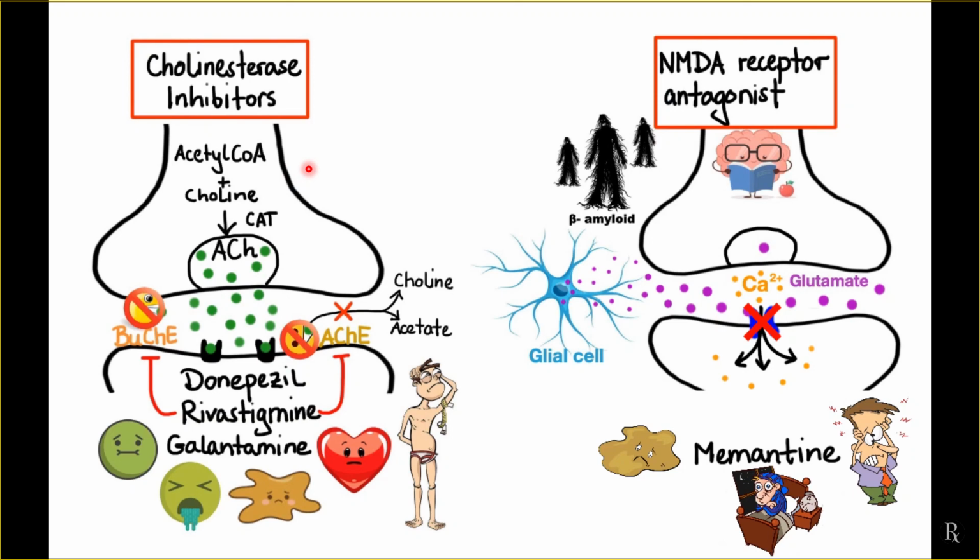Sorry, cholinesterase inhibitors are used to increase the acetylcholine levels in the brain, and they include galantamine, rivastigmine that you studied previously, and also donepezil. They are inhibitors of the acetylcholinesterase, and also butyrylcholinesterase.